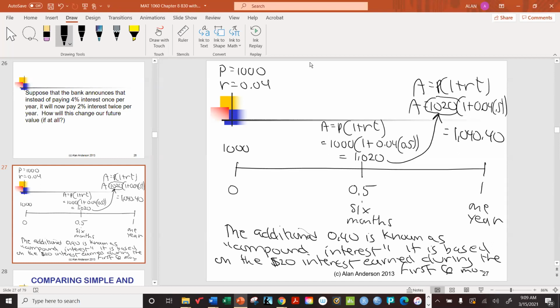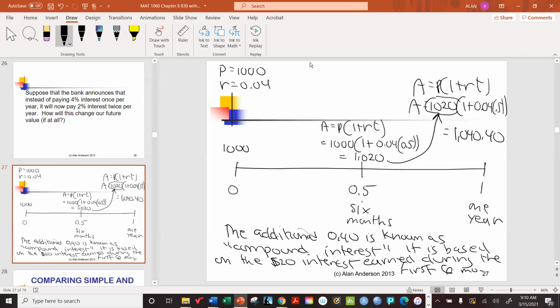Okay, so now what I'd like to do is stretch this out again, and let's assume this time that instead of paying 4% for the full year or 2% twice a year, we're going to increase it again to 4%, split up 4 ways. In other words, 1% 4 times a year.